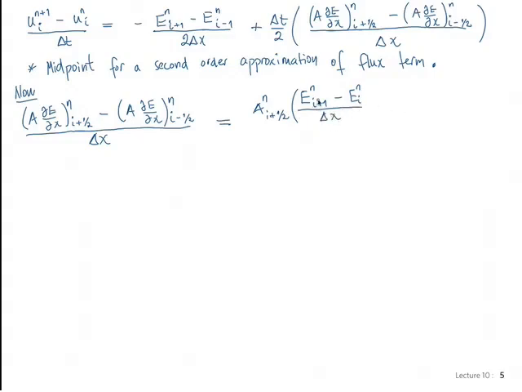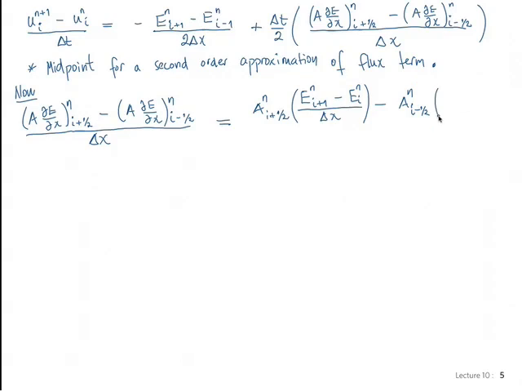So notice that these two are on each side of I plus 1/2. So that approximates my dE/dx at I plus 1/2, because each one of these points is on each side. There's like a center difference there. So A is the other one, A at I minus 1/2.